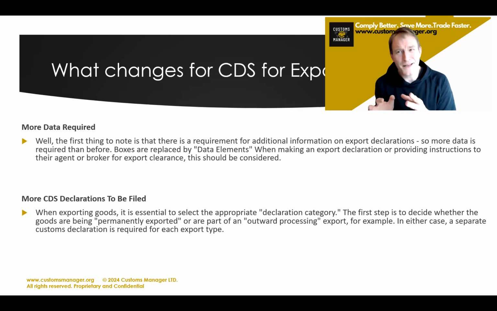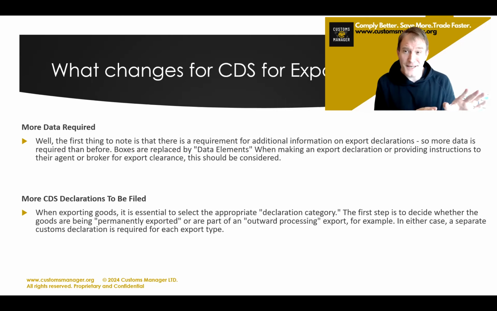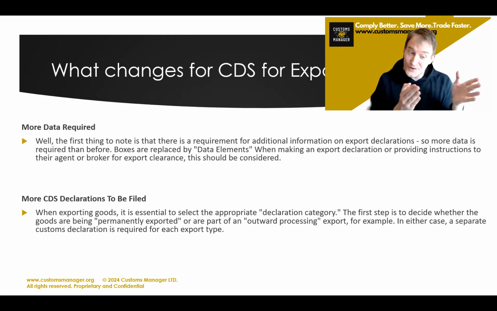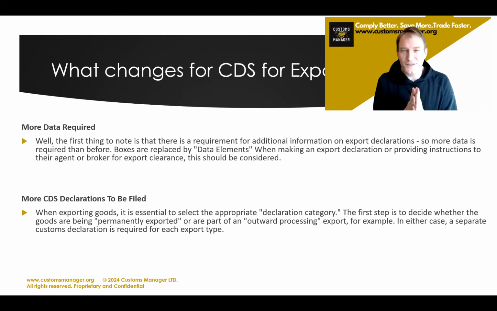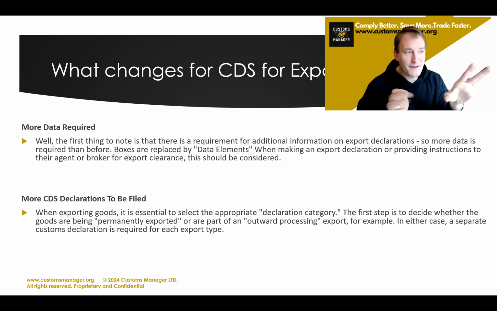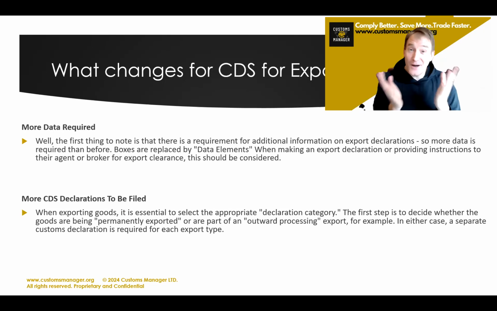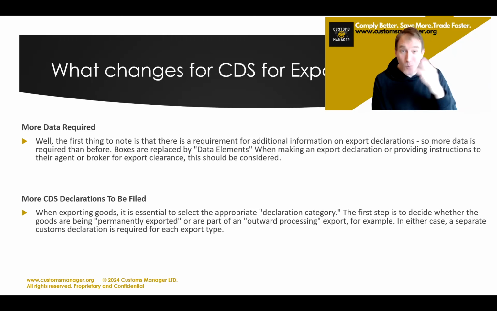So now it does matter if you are doing a straight permanent export or whether you do, for example, outward processing. If you do permanent exports and outward processing, in the past, it was one, right? You just amended a little bit here, a little bit there, and that's it. Now, under CDS, it's one export declaration, permanently export, and then one export declaration, outward processing.